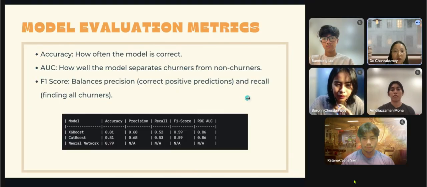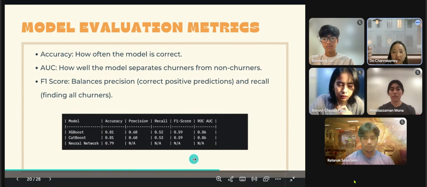It balances the precision, the correct positive predictions, and recall, the finding of churn. And as the result in the image below, the XGBoost model has high accuracy, and AUC and F1 score are more than CatBoost, and then the neural network.